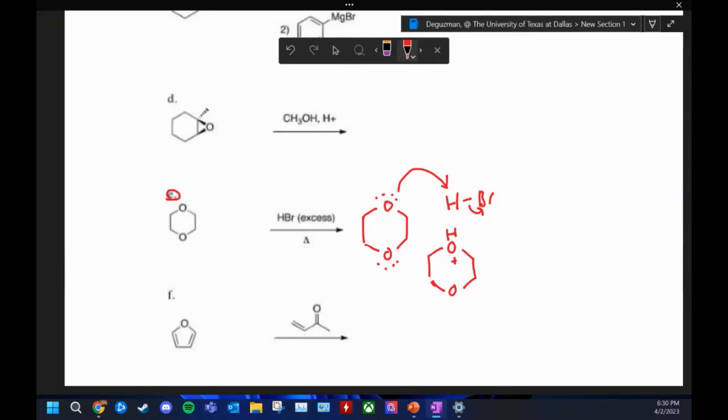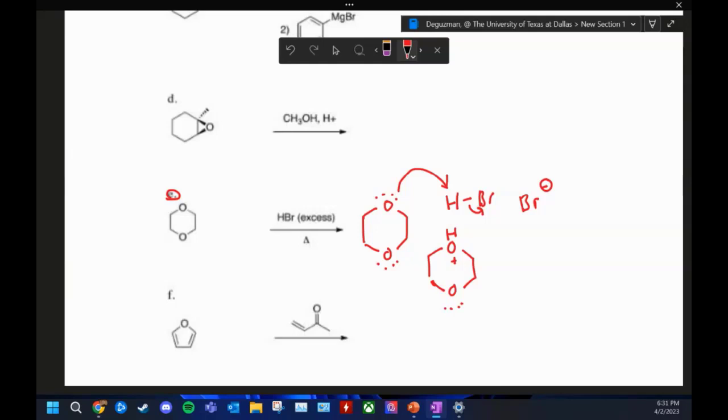Now it looks like we made an O positive. Whenever you see an O positive, that's going to be a good leaving group. So we made a good leaving group, and we also made another nucleophile in the process, which is Br minus. So you have a nucleophile and a leaving group, which is the OH positive.